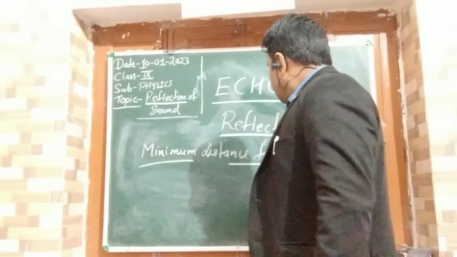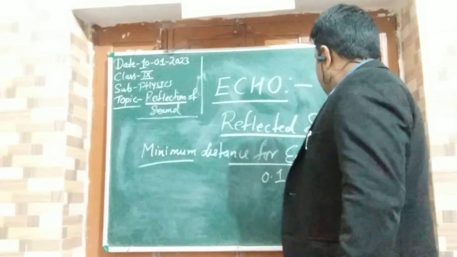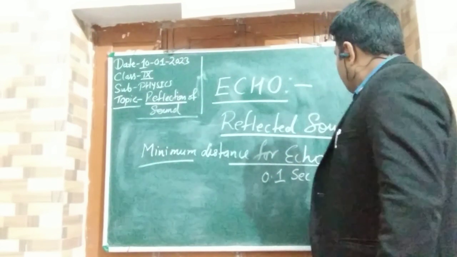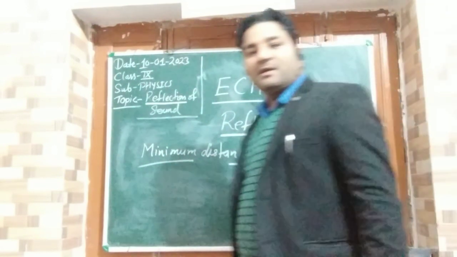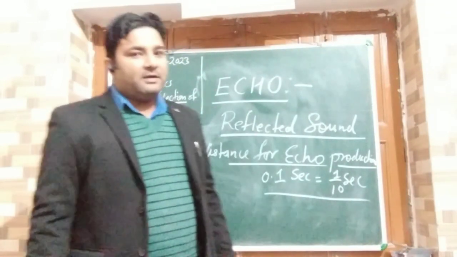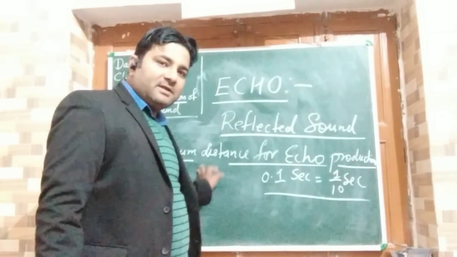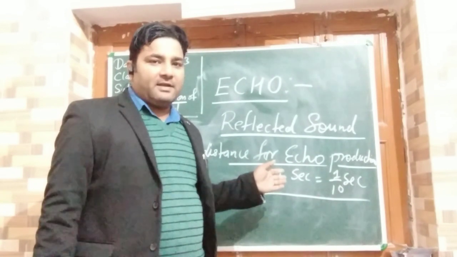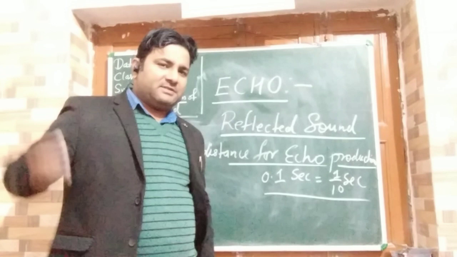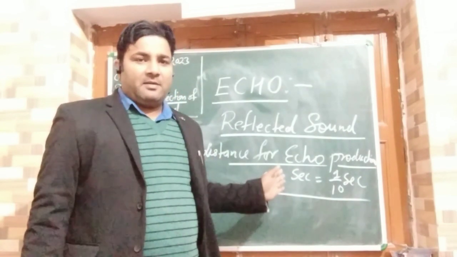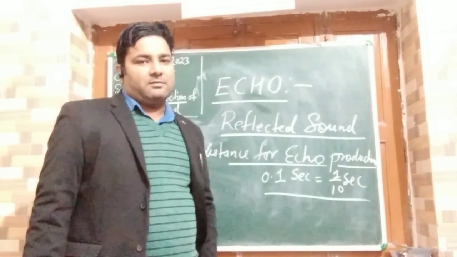That is what? 0.1 second, or 1 upon 10 second. When this concept is known, you can calculate the minimum distance up to which an echo can be heard. Clear? Above this distance you can also hear it, but below this you can't hear your reflected sound or echo.